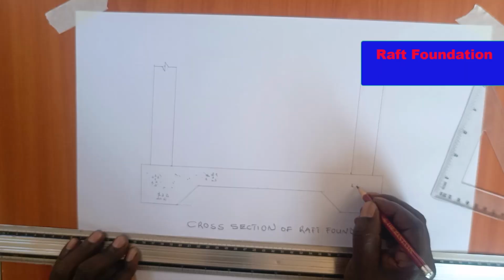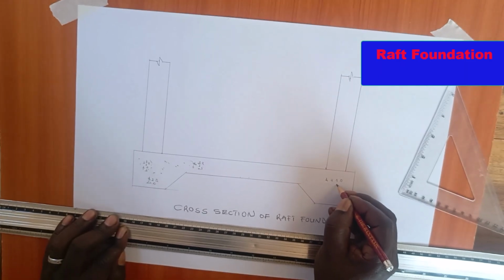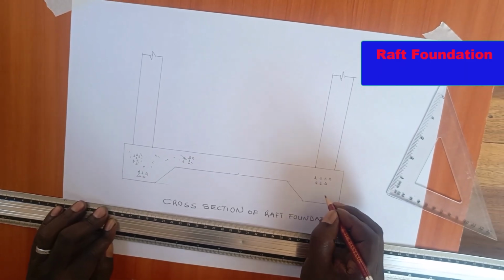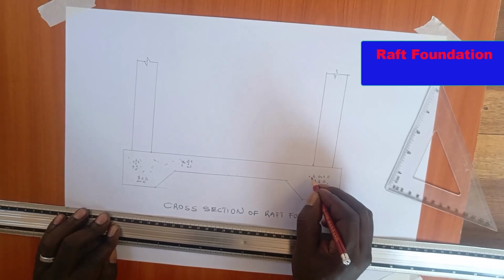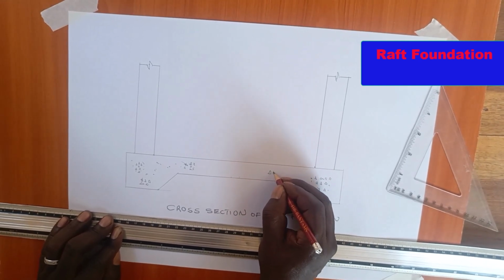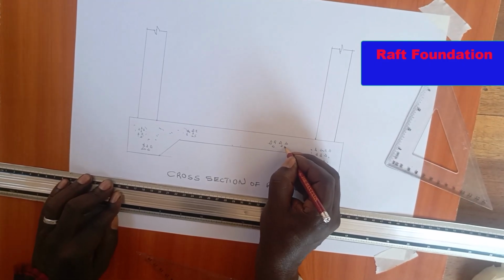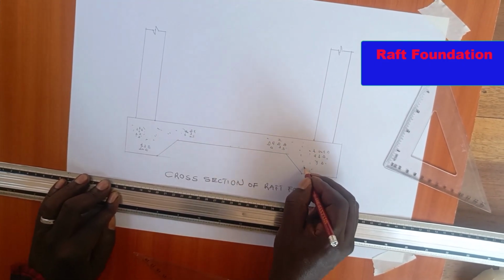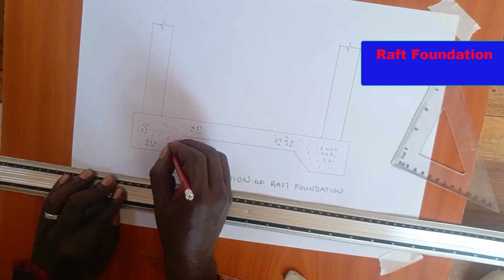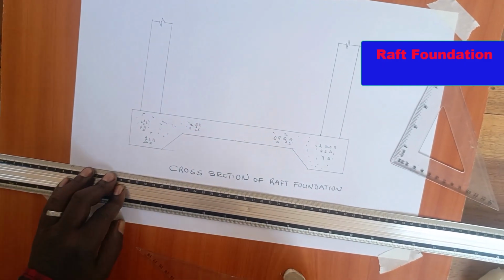So this is our base. We can represent our concrete in cross section. So this is how we can represent our concrete in cross section.